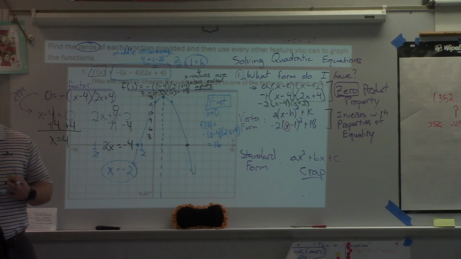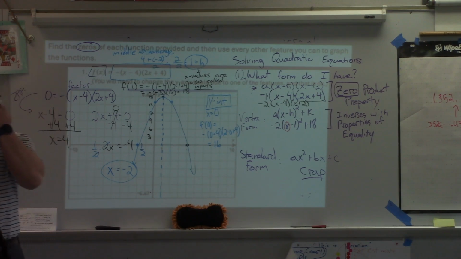Now, I do want to emphasize and point this out. This unit, we want you to retain the features of quadratics, and we want you to think through how to find all those features and earn credit on things that you did not earn credit for earlier in the year. So that's why we're getting you to graph these things.